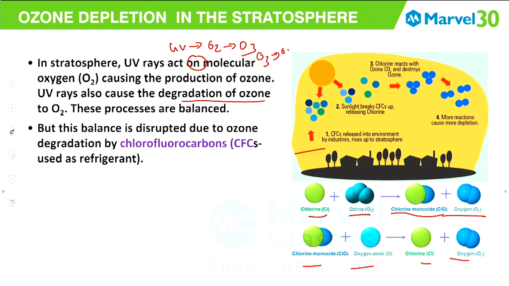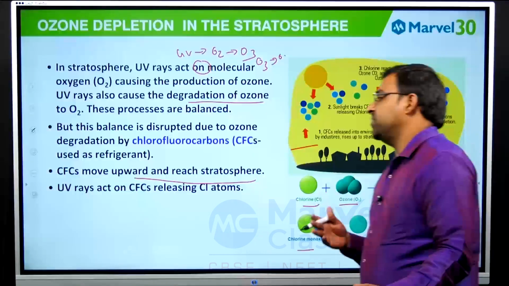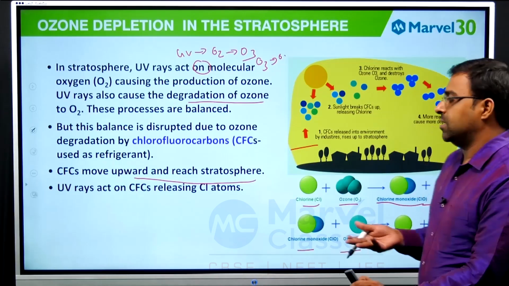But this process is made imbalanced due to ozone degrading substances such as chlorofluorocarbon, which we normally refer to as ODS, used in refrigerants. CFCs move upward and reach the stratosphere. UV rays act on CFCs, releasing chlorine atoms.